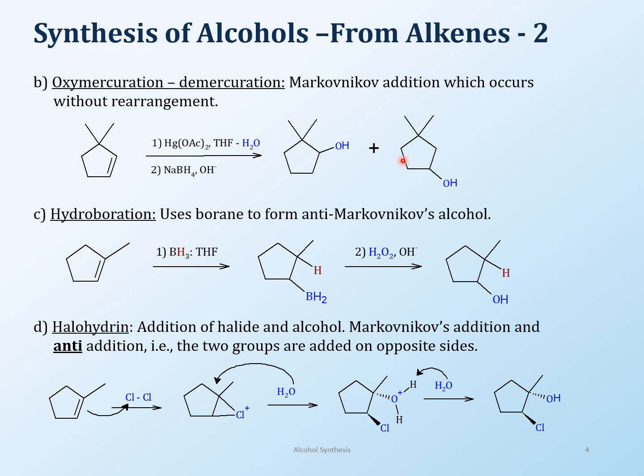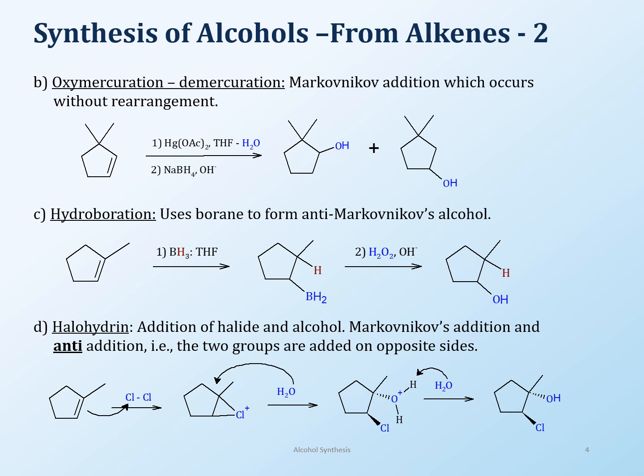But here I've given you a mixture because what I'm trying to show you here is that there is no rearrangement, okay? So which means this mechanism is not really following the carbocation mechanism. On the other hand, you can also get a mixture depending on the alcohol.